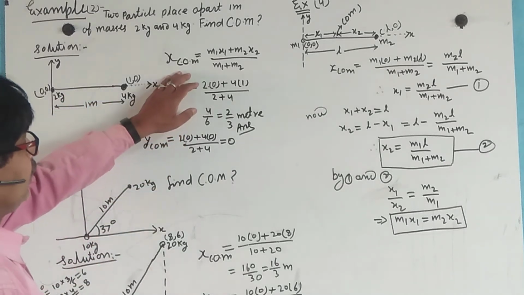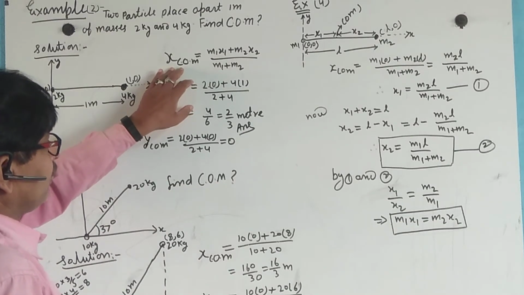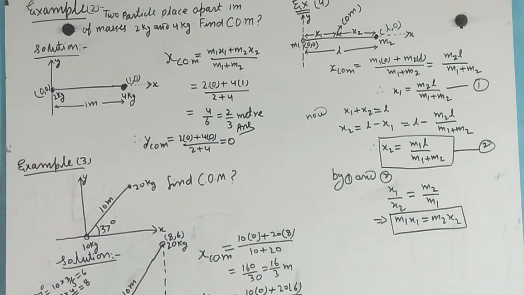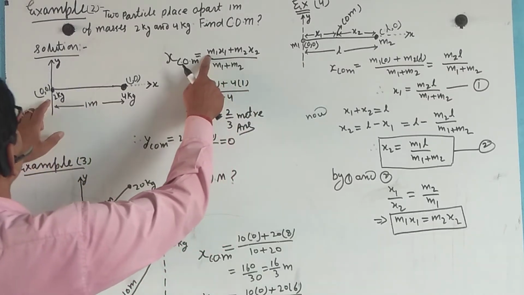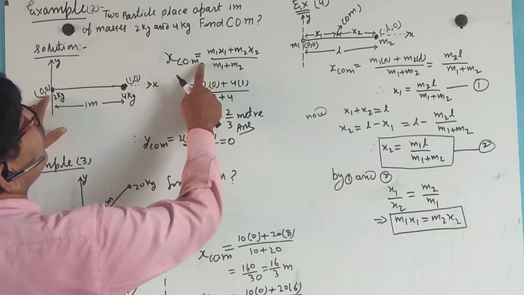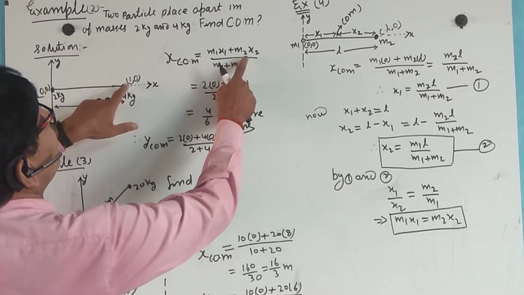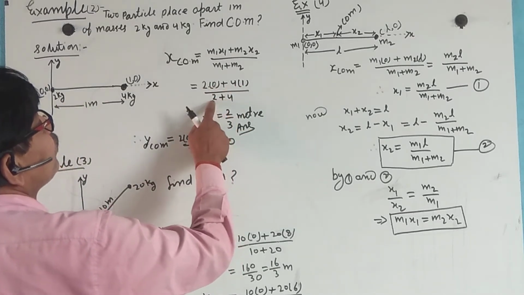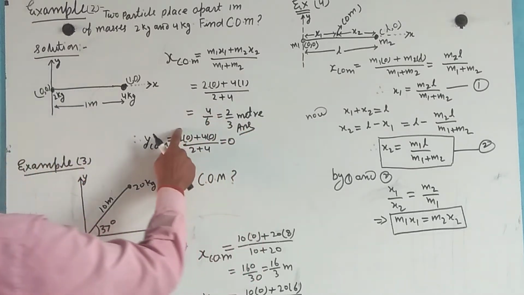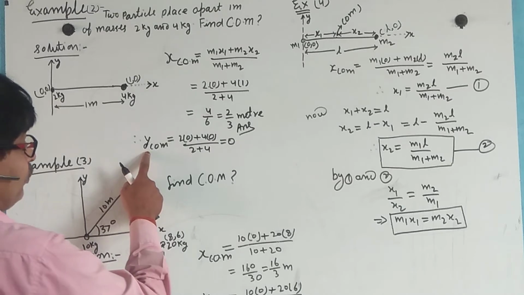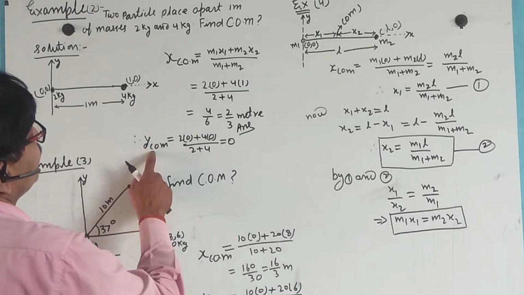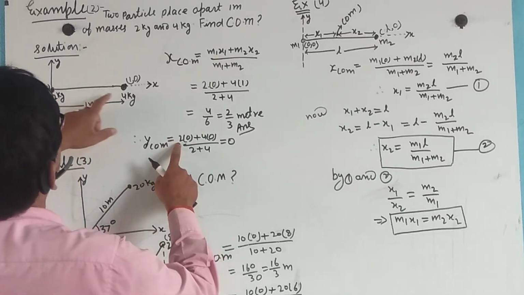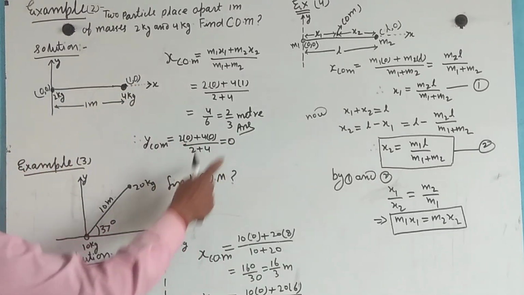The x coordinate of the center of mass is equal to (m1 x1 + m2 x2) divided by (m1 + m2), which is (2 times 0 + 4 times 1) divided by (2 + 4), which is 4 by 6, or 2 by 3 meter. The y coordinate of the center of mass is equal to (2 times 0 + 4 times 0) divided by (2 + 4), which is equal to 0.